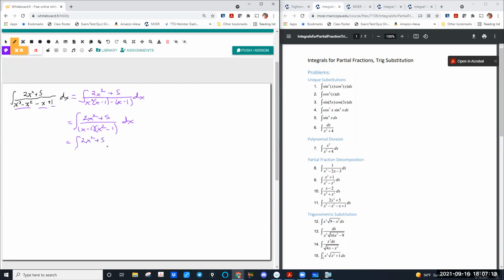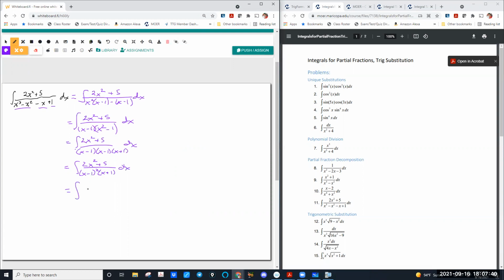This is a difference of squares. It factors into x minus 1, x plus 1. So we don't have an irreducible quadratic, but we do have a repeated factor. So when all's said and done, we have 2x squared plus 5 over x minus 1 squared, x plus 1, dx.